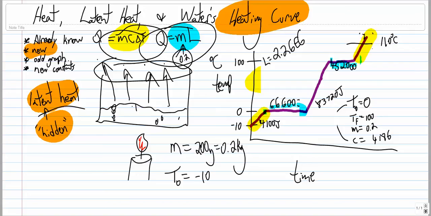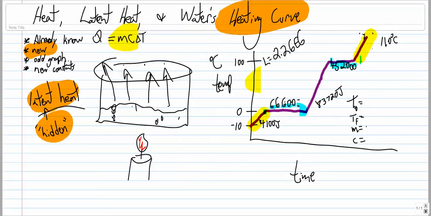I have no idea. And then for the last chunk of line, we go back to our MC delta T equation again. And our mass, as always, was 0.2. Our temperature final was 110. So for this chunk of graph, our original temperature was 100. And C, specific heat for water vapor.